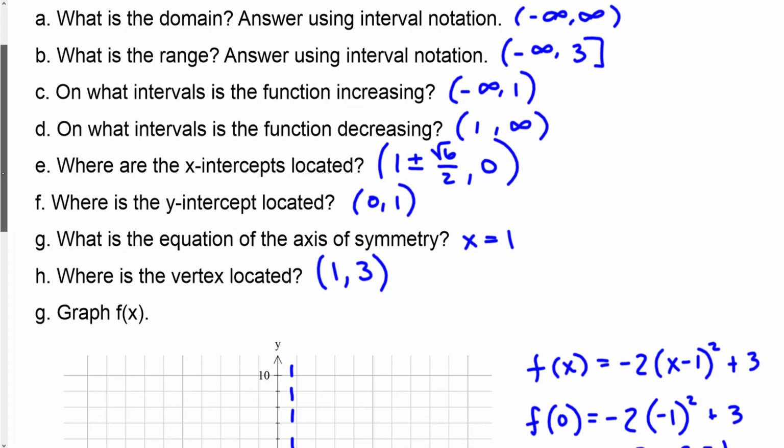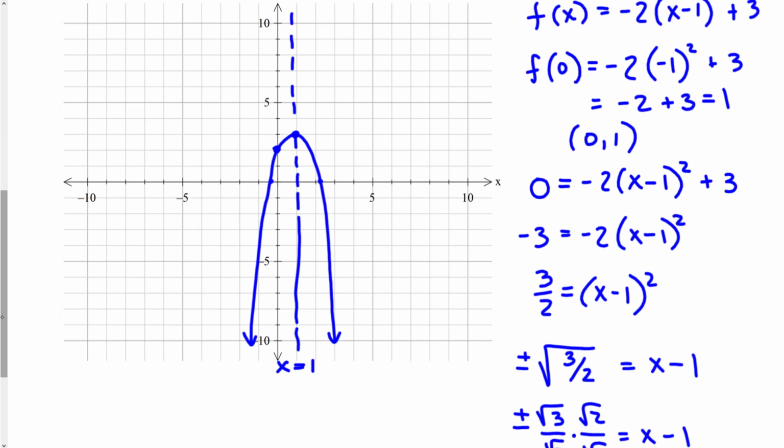The range just happens to be restricted here because if you notice, this point is a maximum for my graph. So my graph doesn't go any above that. So it's only defined from here down to negative infinity. But we just write that set in the other direction, as an increasing set, so from negative infinity up to 3.